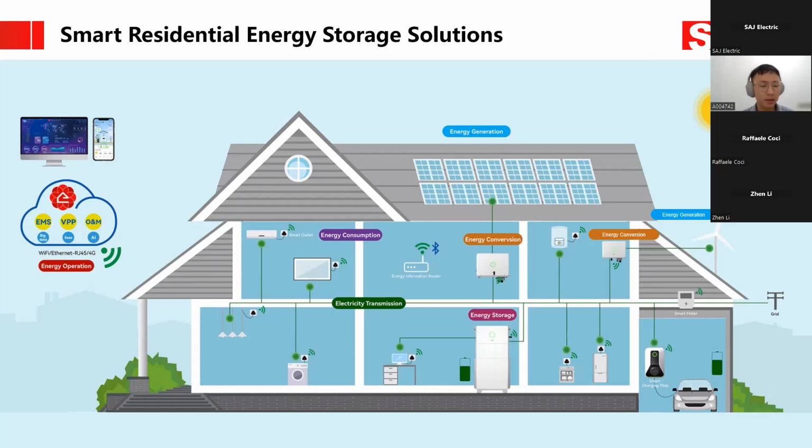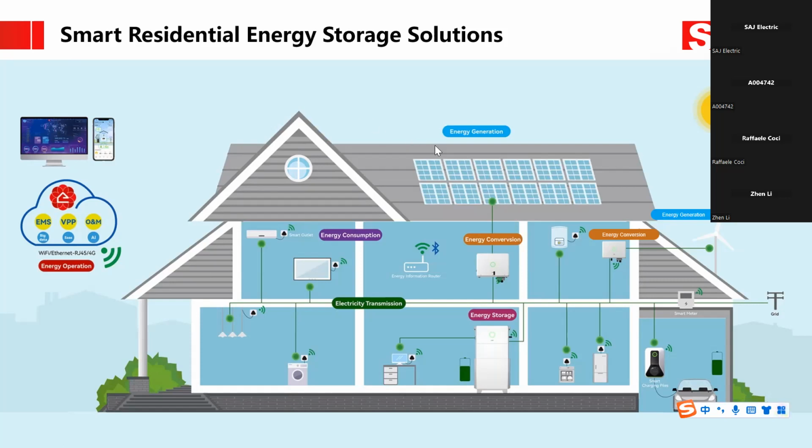Also, when the energy generated by the solar panels is more than you need, you can sell the energy to the grid. When you don't have sufficient energy, you can purchase or import electricity from the grid.